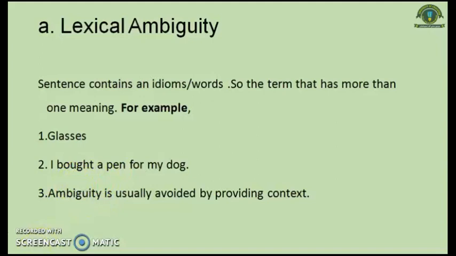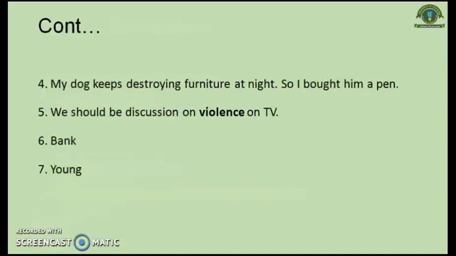Because of the word's possible meanings, we cannot identify the actual meaning. Usually such ambiguities can be avoided by providing context in the sentence. For example, if someone says, my dog keeps destroying furniture at night, so I bought him a pen, here the context is given, so you can identify the meaning of pen.